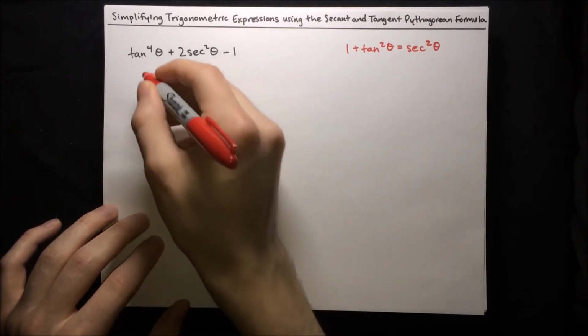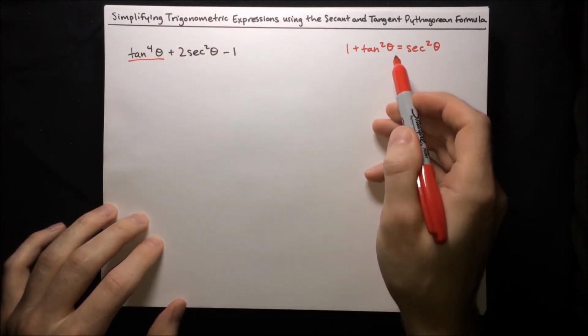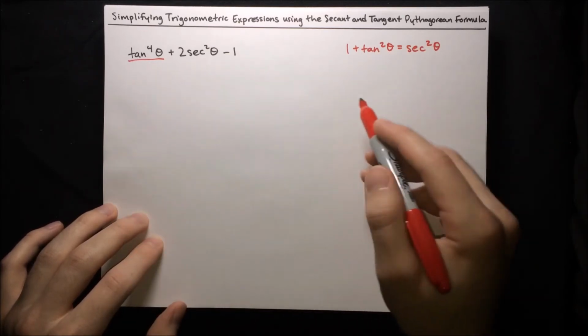We're going to substitute for tangent to the fourth here using this secant and tangent Pythagorean formula. So let's solve for tan squared, and then square that to get tangent to the fourth.